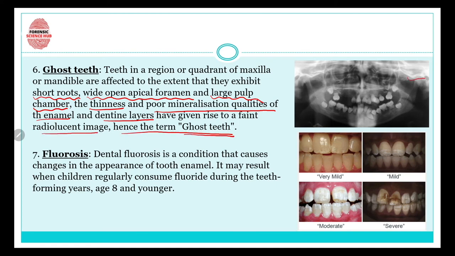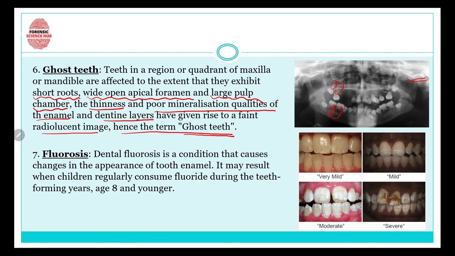If you look at this picture, the image that we see in the radiogram is very faint, hence the name ghost. As you can clearly see, the roots were supposed to be there, but the roots are so tiny that we cannot even see them properly.